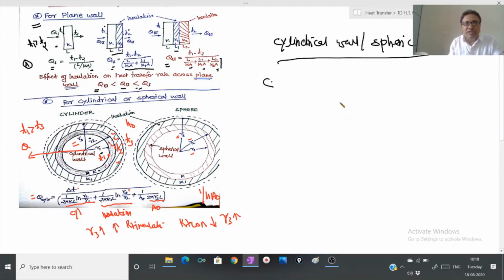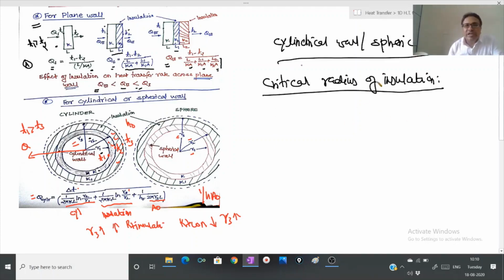So let us define a term called critical radius of insulation. What is critical radius of insulation?